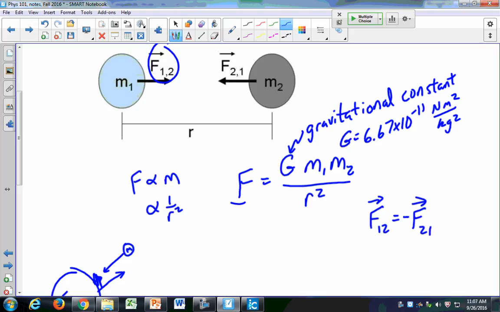I'm not going to have you calculate the force between two masses, but I do want you to understand a couple of things. One, that these forces are equal and opposite, even if the masses are vastly different. And then also that this force is proportional to the mass, and the force is proportional to 1 over r squared. So for example, if I have two masses, and then I put them half as close again, what happens to the force between the two masses? First of all, does it get bigger or smaller?